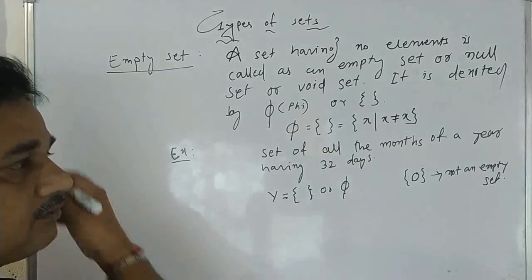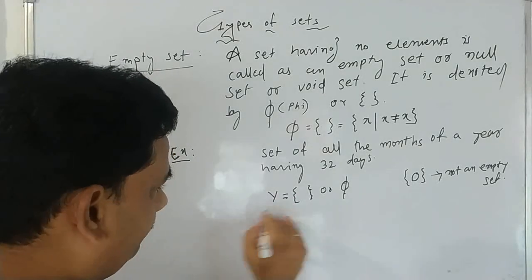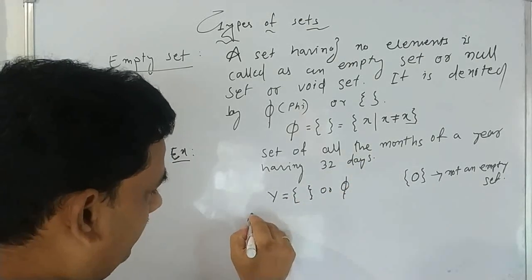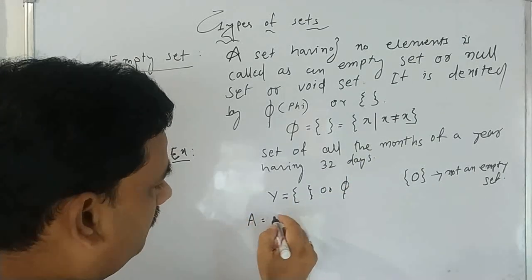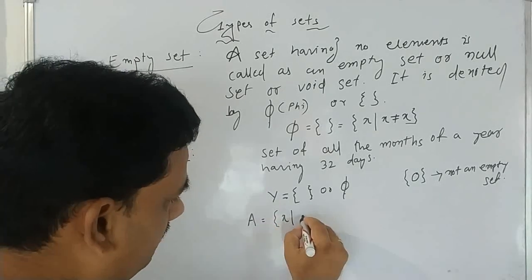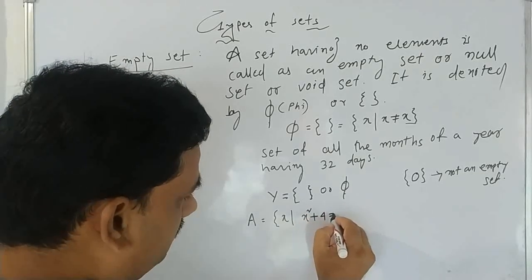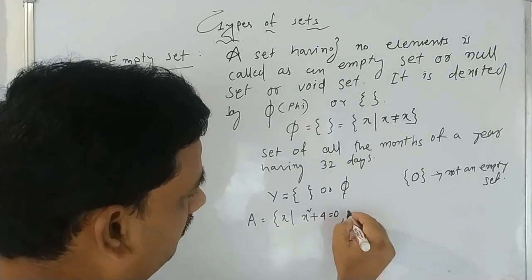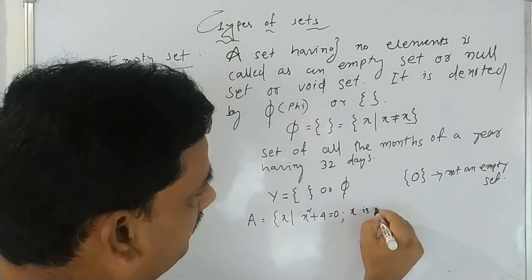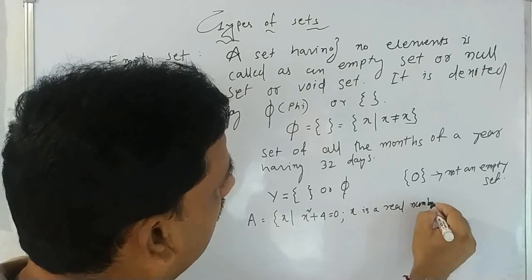Okay, so let me take another example in set builder form. A is equal to x such that x square plus 4 is equal to 0, x is a real number.